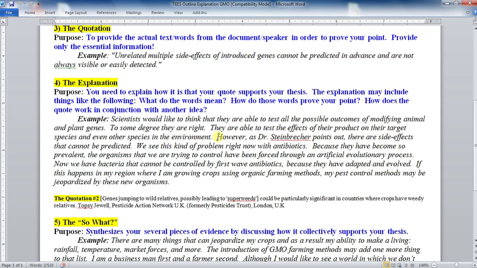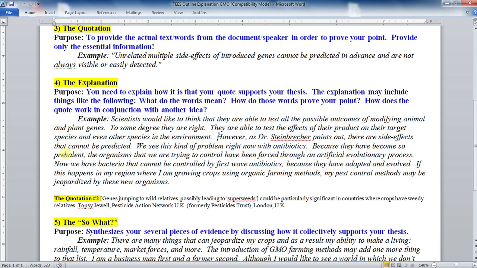However, as Dr. Ricardo Steinbrecher points out, there are side effects that cannot be predicted. We see this kind of problem right now with antibiotics. Because they have become so prevalent, the organisms that we are trying to control have been forced through an artificial evolutionary process. Now we have bacteria that cannot be controlled by first-wave antibiotics because they have adapted and evolved. If this happens in my region where I'm growing crops using organic farming methods, my pest control methods may be jeopardized by these new organisms.